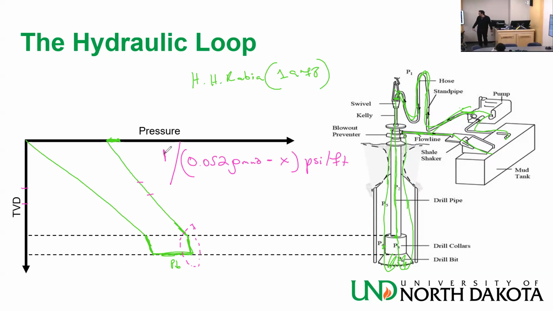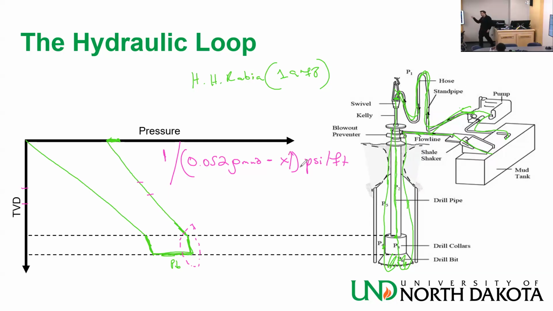Okay. Now once I get into the drill collars, the BHA, the conduit I'm flowing fluid through is smaller. So I'm facing more friction. This X becomes bigger.